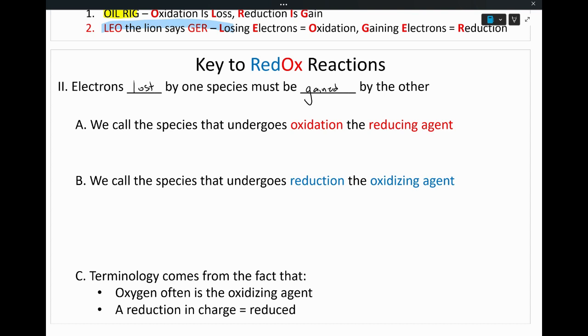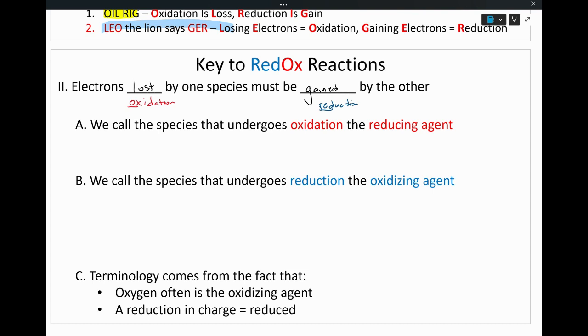And so we said that the loss of electrons is oxidation. We said that the gain of electrons is reduction. And we're going to take part of each one of these words to describe the types of reactions that have electron transfer. Redox, the RED from reduction, the OX from oxidation. And so there's two more terms I want to introduce to you.